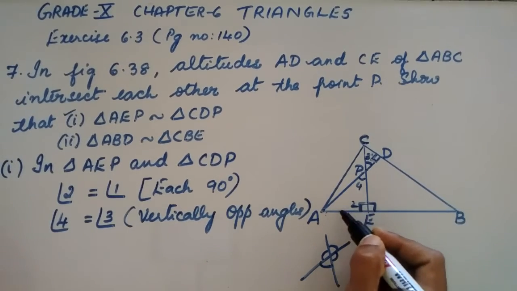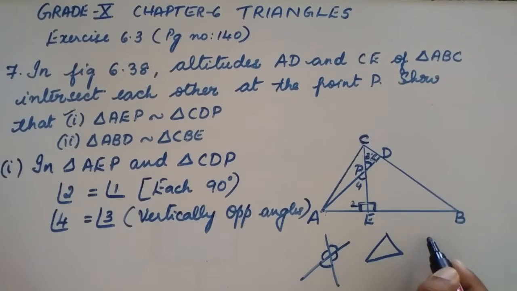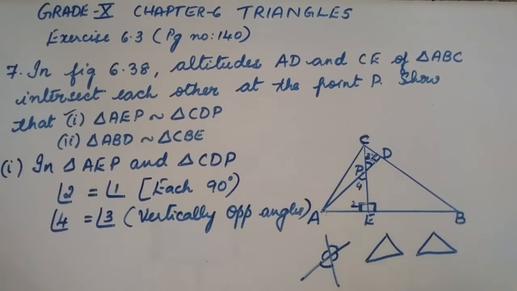They are vertically opposite angles. And now look here. In two triangles, if you have two corresponding angles equal, that is, if this angle is equal to this angle and this angle is equal to this angle, even the third angle will also be equal.